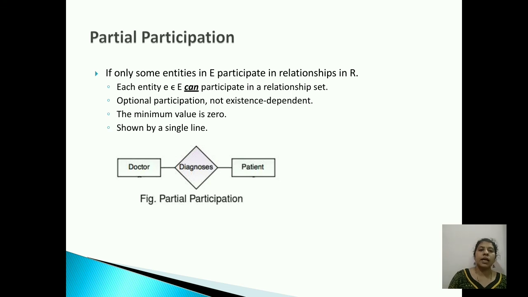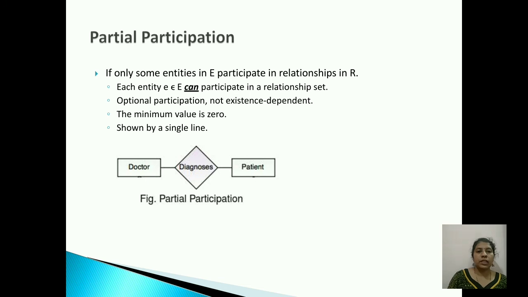See the example here, doctor diagnoses patient. Will all doctors diagnose a patient? No, not every doctor diagnoses a patient. And whether every patient is diagnosed by a doctor is again optional. That's why it is called partial participation.